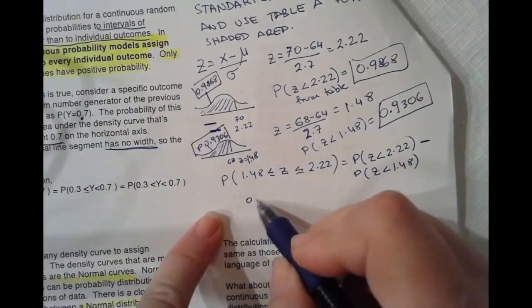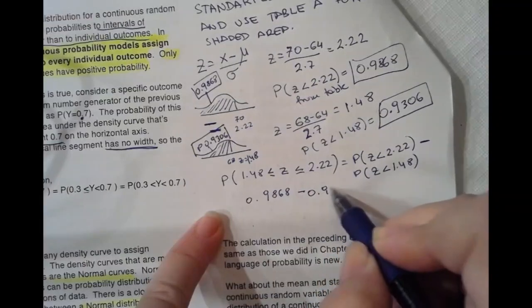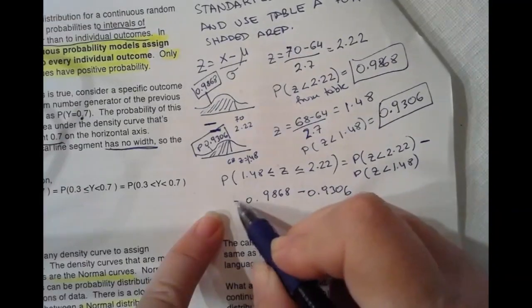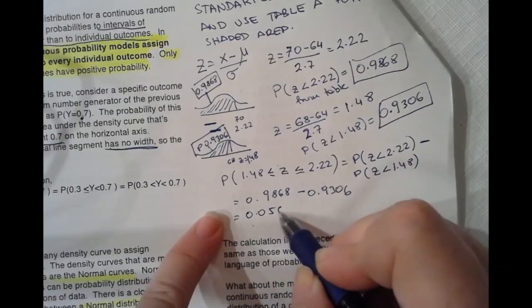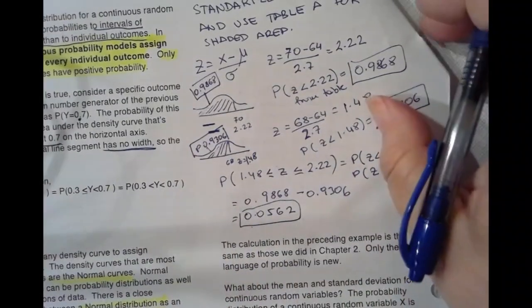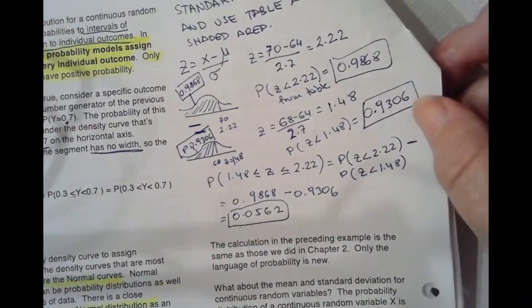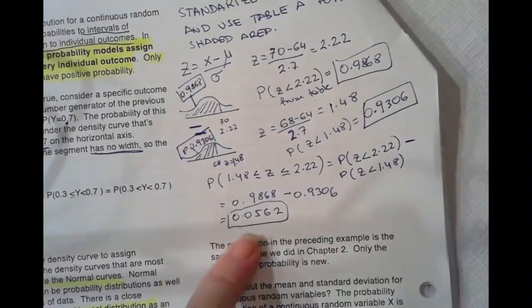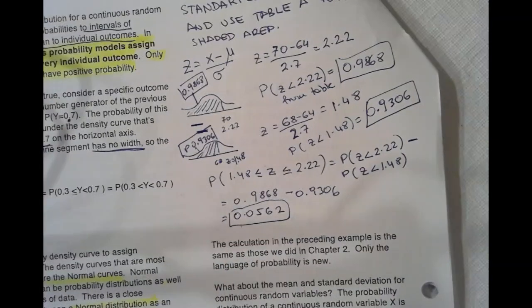So you would have 0.9868 minus 0.9306 is 0.0562. So to answer the question, find the probability that the chosen woman is between 68 and 70 inches tall. My probability would be approximately 5.6%, or approximately 6%.